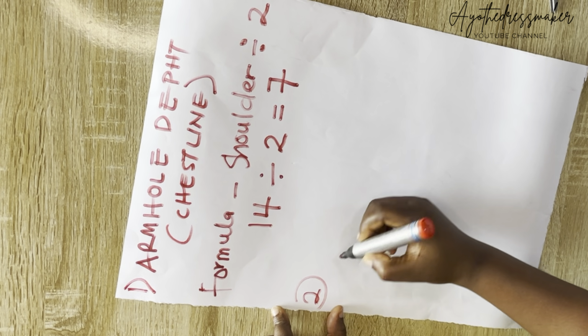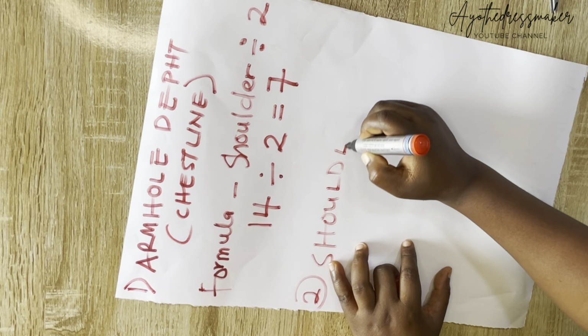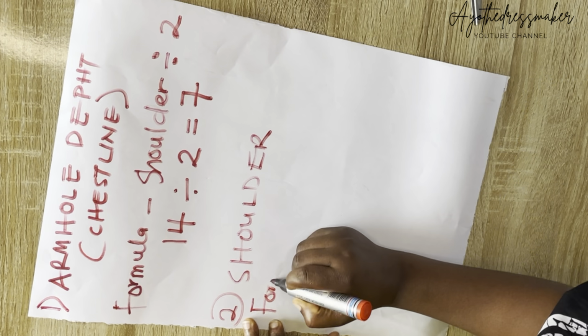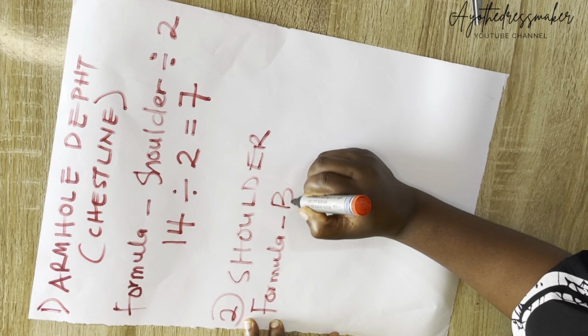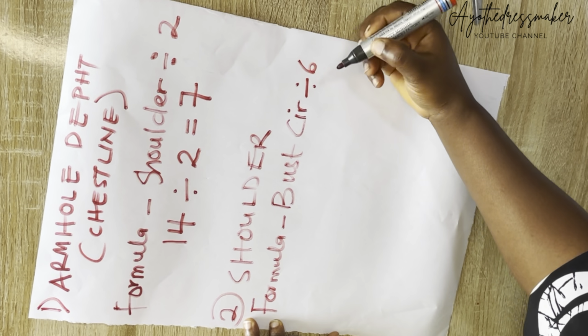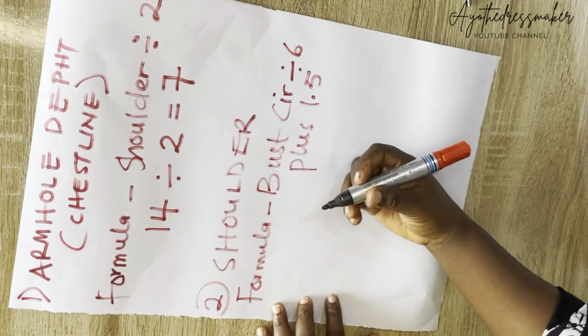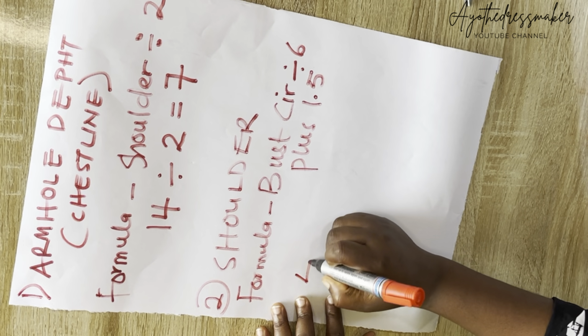The next calculation or formula we're going to treat is on how to get the shoulder in a situation where you don't have the data for the shoulder measurement. Here's the formula to use: bust circumference divided by 6 plus 1.5 inches. So take for instance, you are using the bust circumference of 40 inches.